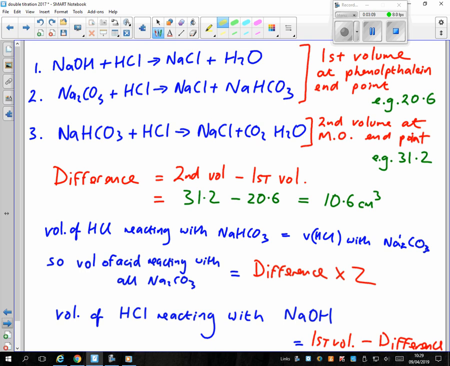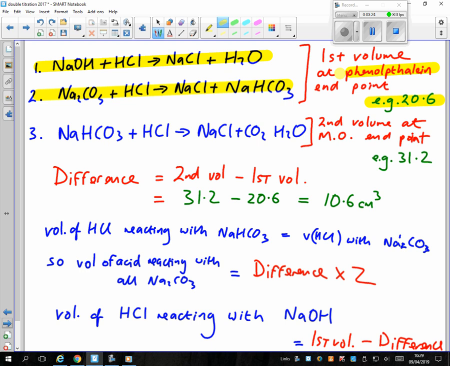Just a quick recap of what I've just said. You've got the sodium hydroxide, and you've got half the sodium carbonate reacting at the phenolphthalein endpoint. My average reading was 20.06; you'll have a different one.